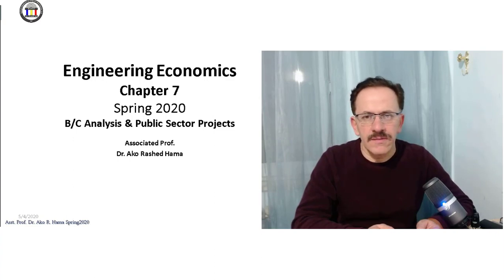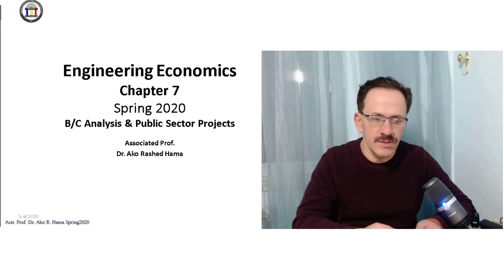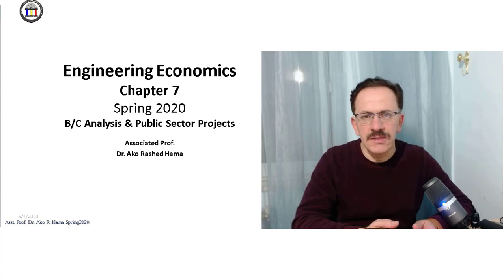If it is easier to use annual worth, then you divide the equivalent annual worth of the benefits by the equivalent annual worth of the costs. The same applies for future worth.